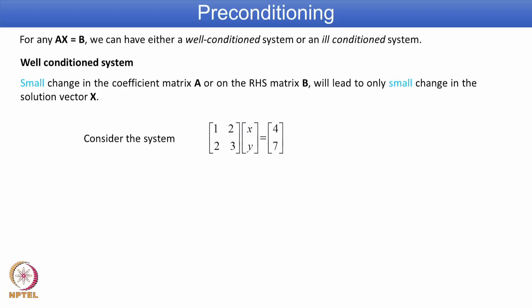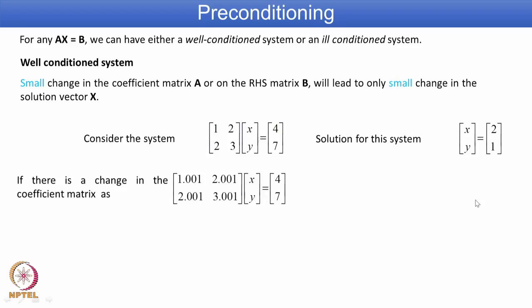Consider the system A x equal to B, where the coefficient matrix A is defined with the elements 1, 2, 2, 3, the solution vector is x and y, and the right hand side vector B is 4, 7. If you solve this, you get the answer x, y equal to 2, 1. Now, what do we do? We make a small change in the coefficient matrix as shown here. Instead of 1, it is now 1.001.